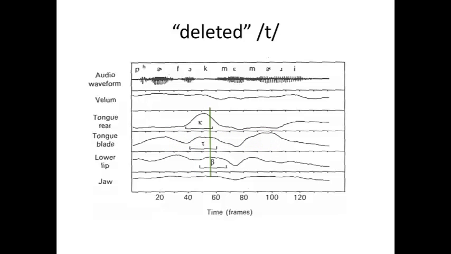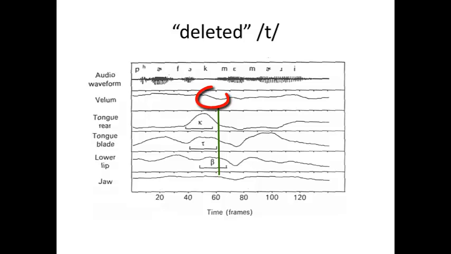And when k releases, just as before, the air will have nowhere to go because the closure for t is still active and will stop any air escape. But then when the t releases, the air is going to try to go out of the mouth, and it won't be able to do so because the lips are already closed.